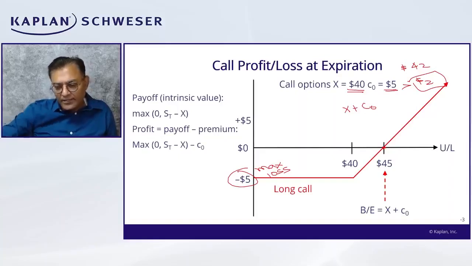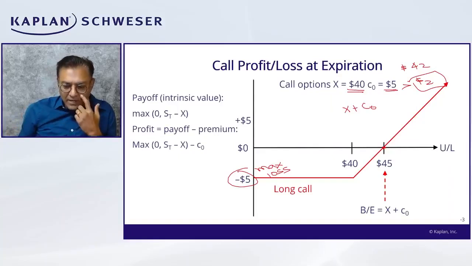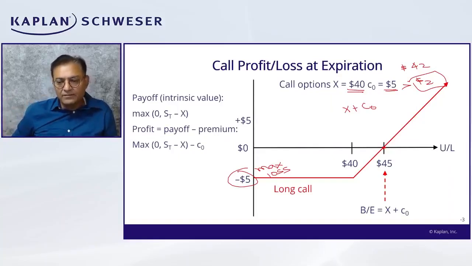And theoretically, the maximum profit is unlimited because the stock price can keep on rising. There is no upside limit to the stock price. For all practical purposes, there will be a limit because option expiration is within a limited time frame. But theoretically, there is no limit to the upside on a call option.